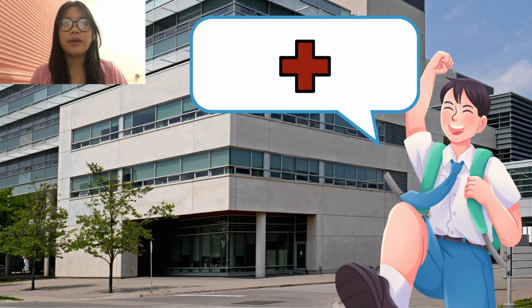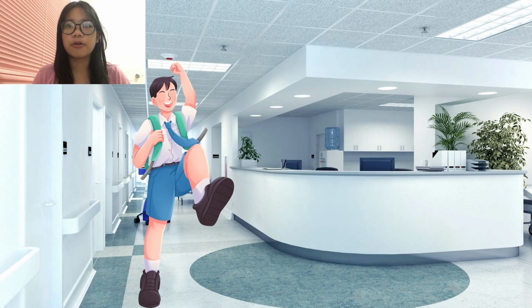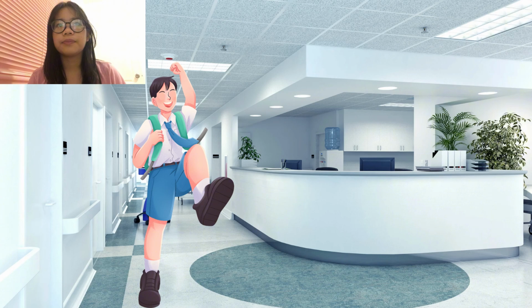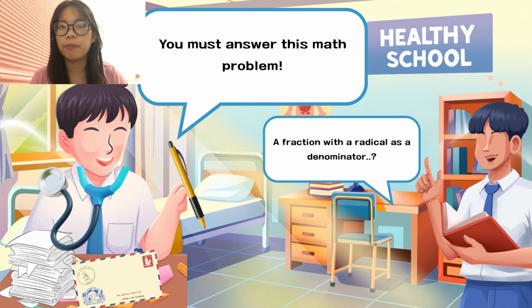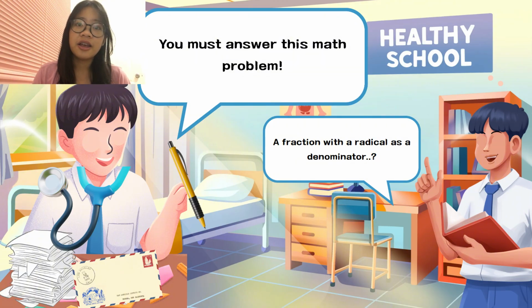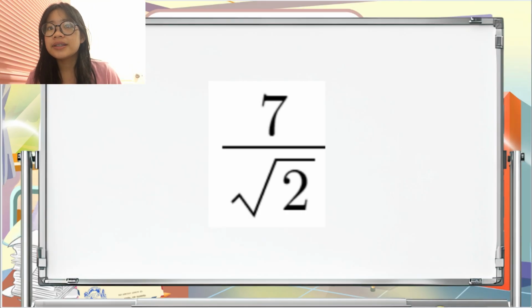After cleaning up, the student visits the hospital for a quick checkup. But to avoid getting sick, the doctor says, "You must answer this math problem." He quickly realizes it's another fraction that needs rationalizing. He reads it. The problem says 7 over square root of 2.